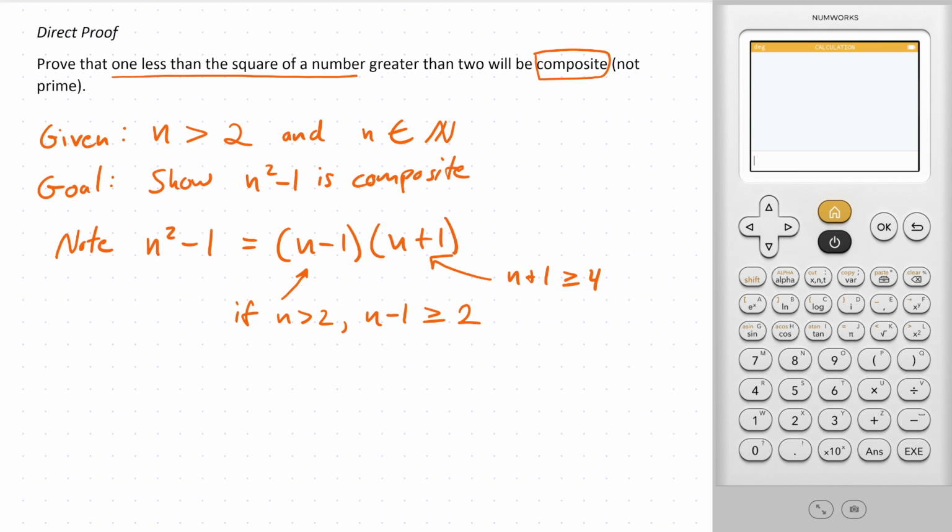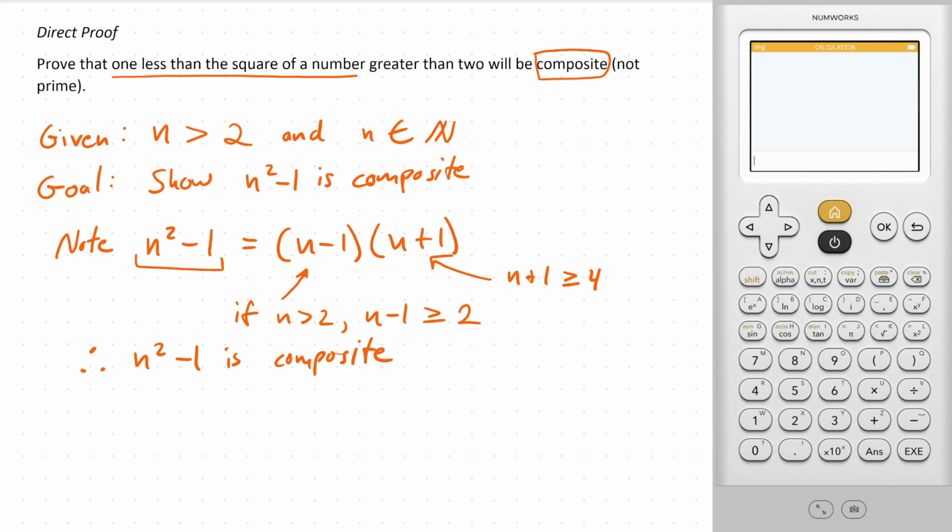So what that means is that n squared minus 1 is the product of two numbers, meaning it is composite. So that's pretty much the proof. Therefore, n squared minus 1 is composite.